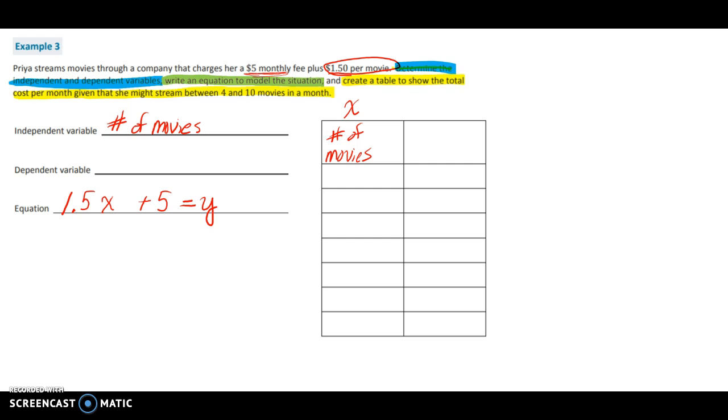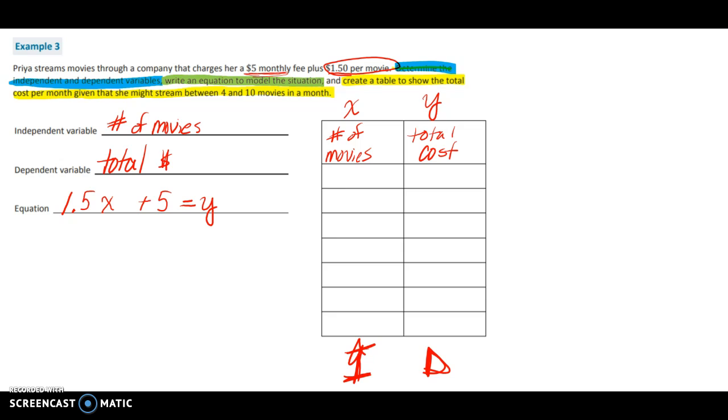And then what that does is shows me the total cost for each month. And that's my y value, my total cost. And that is my dependent variable. Notice, independent variables go here. Dependent variables go down there. Kind of like your ID.